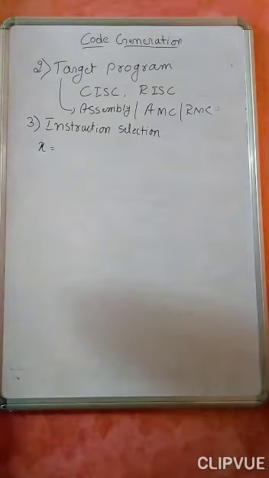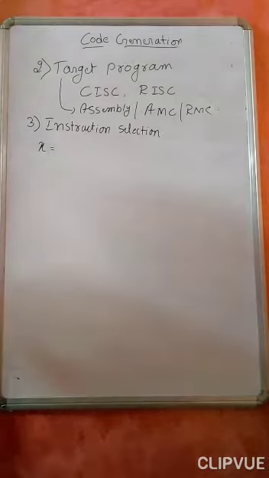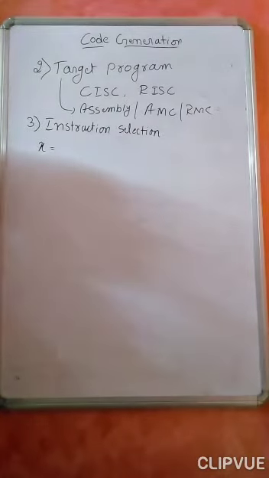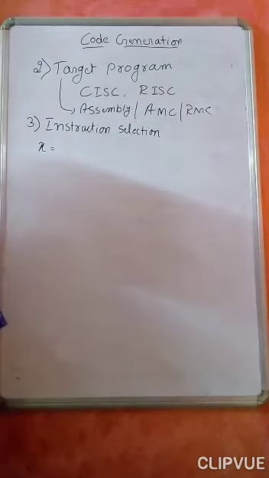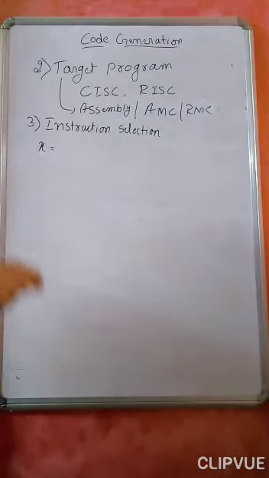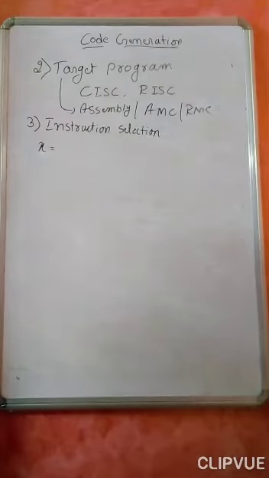You remember, you can have LD A, R0 also, or you can use MOV A, R0 also. If that is the case, then 3 operands is RISC, or you can use 2 operands, that is CISC. So like that you will have different instruction set architectures.